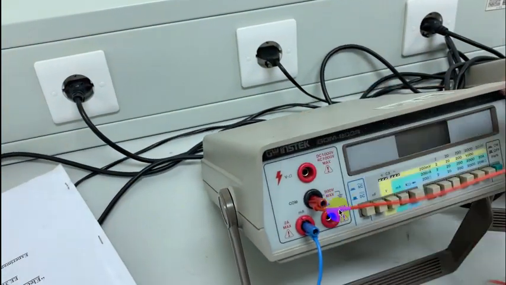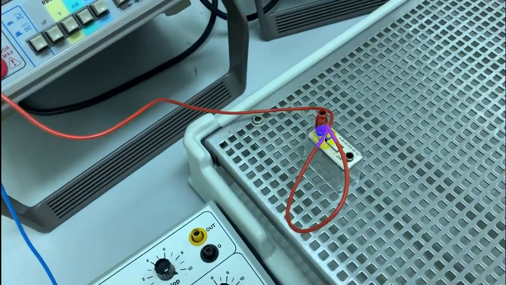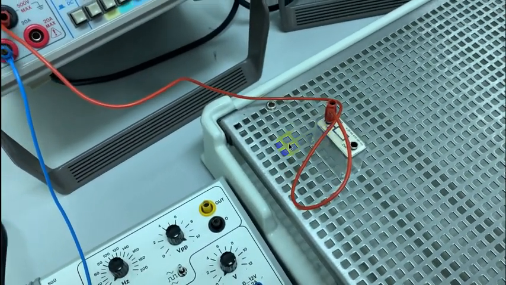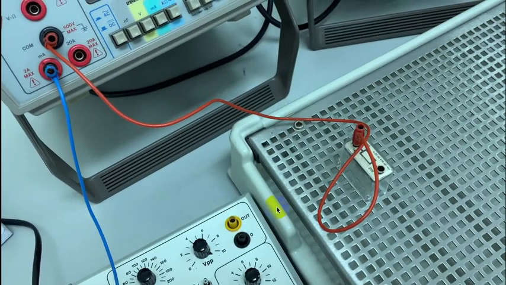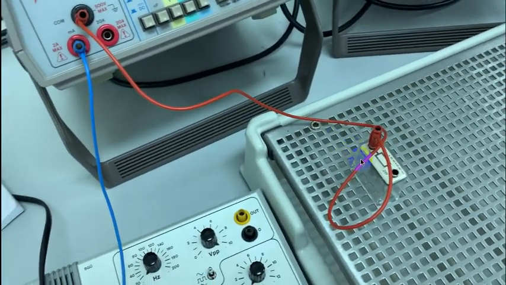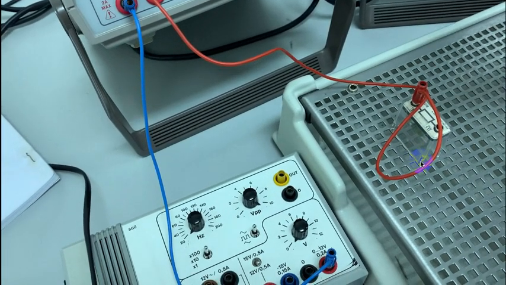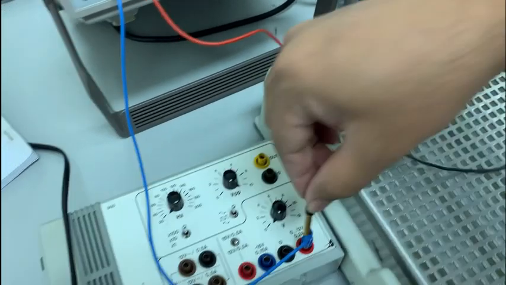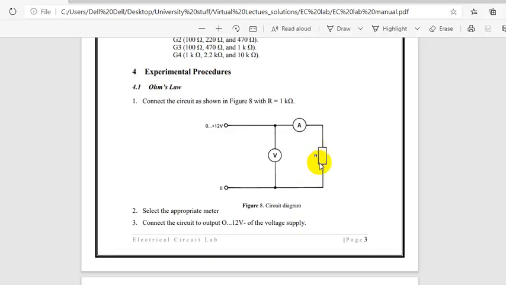From common I am connecting to the resistor of 1 kilo ohm. You can find the range here. The other end of the resistor is connected to the zero.